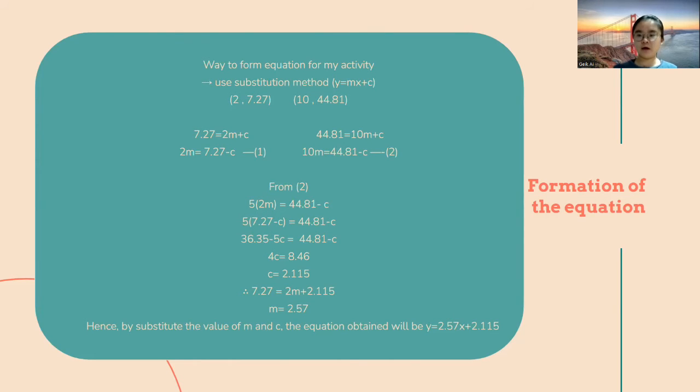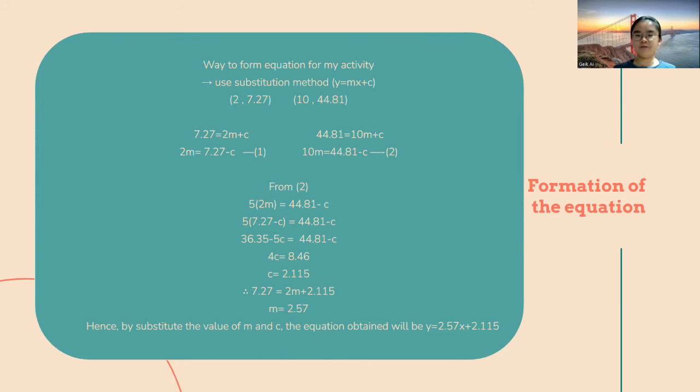And after that, I will expand it to simplify. I can obtain that 4c is actually equal to 8.46. By dividing 8.46 with 4, I have found that the c, which is the y-intercept, is 2.115.